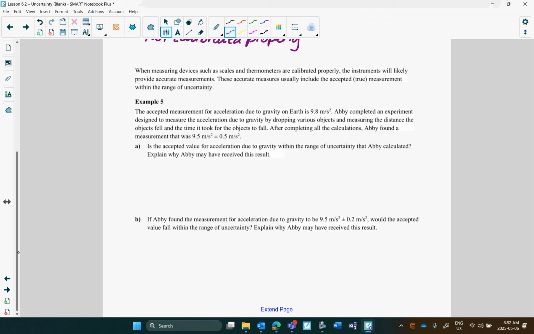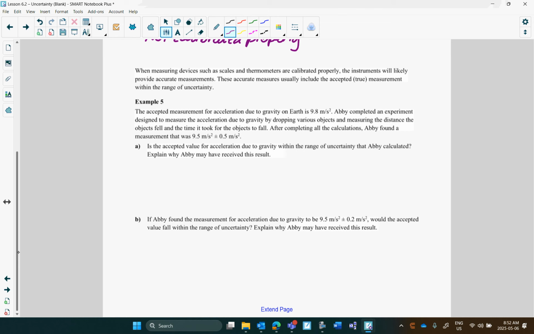Abby completed an experiment designed to measure the acceleration due to gravity by dropping various objects and measuring the distance the objects fell and the time it took for them to fall. After she completed her calculations, she found a measurement of 9.5 meters per second squared, plus or minus 0.5 meters per second squared.